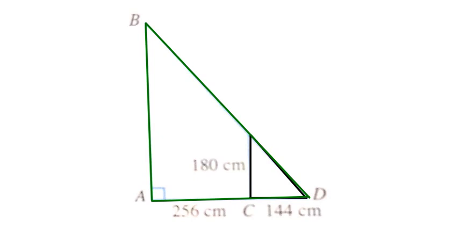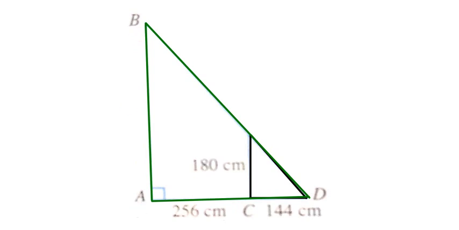So from the data over here, we know that CD is 144 centimeter and DA we don't know, but we know that CA is 256 centimeter. This line is 180 centimeter, and probably in your textbook or worksheet, you have to deal with BA.